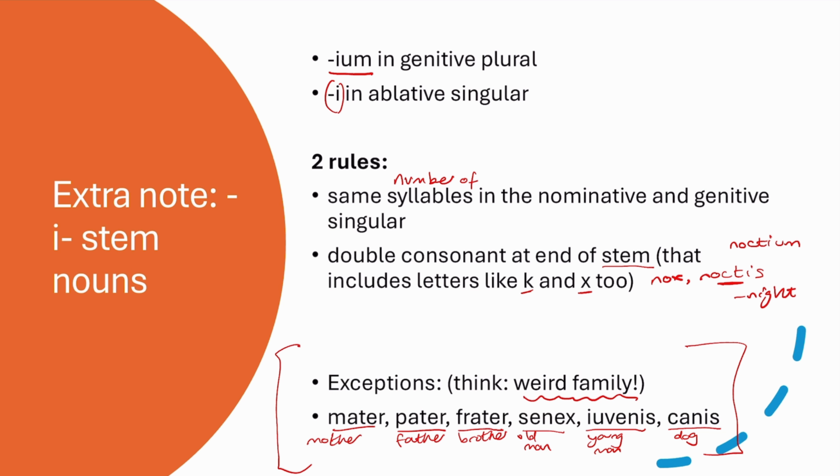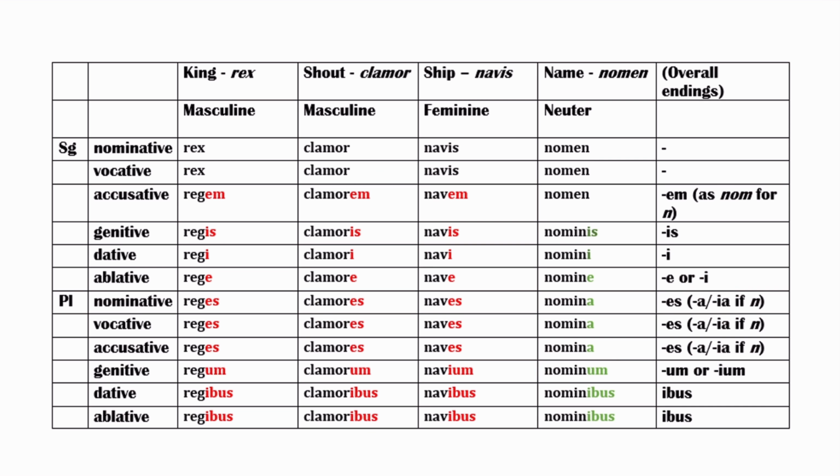They all should be I stems by the rules that we've learnt above, but they are exceptions. So they are not I stems. So they do not have that ium. In the genitive, that would be matrum, not matrium, genitive plural. So again, this is your overarching view of your third declension nouns.